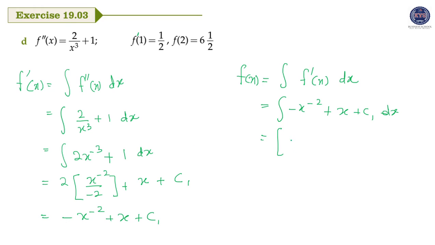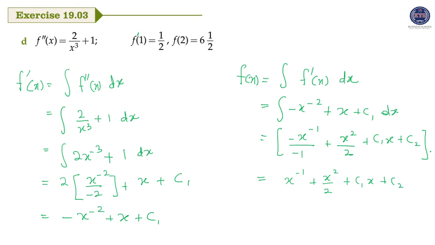Now negative x power negative 2 plus 1 is negative 1 divided by the new power, x squared over 2 plus C1x plus C2. Mana datang C2? Because you already integrate second time. You integrate the second time, you akan dapat another constant of integration. Simplify further, you will have x power negative 1, x squared over 2 plus C1x plus C2.